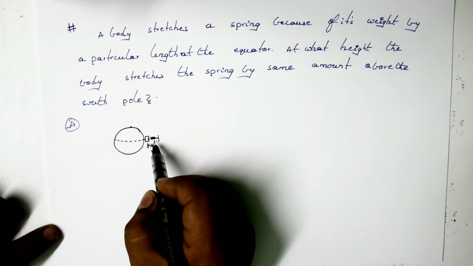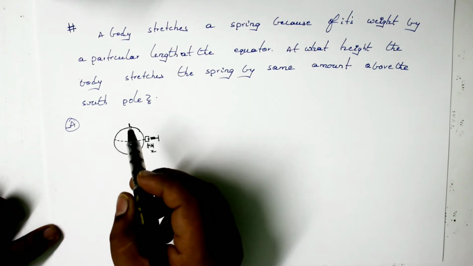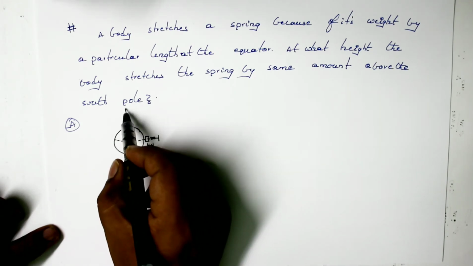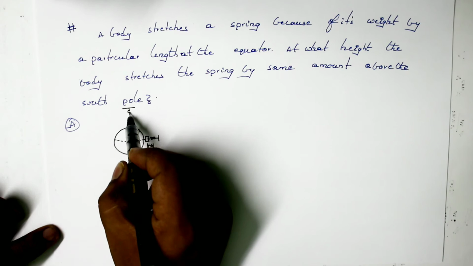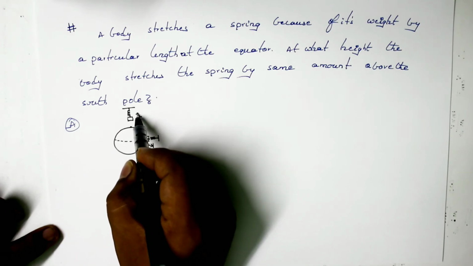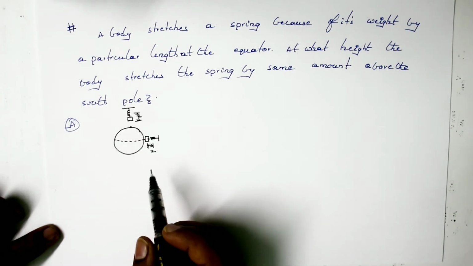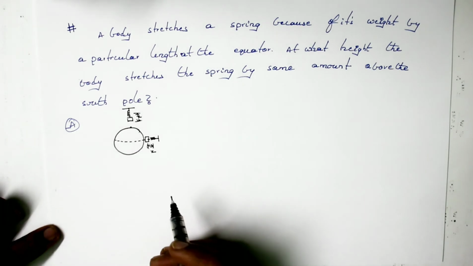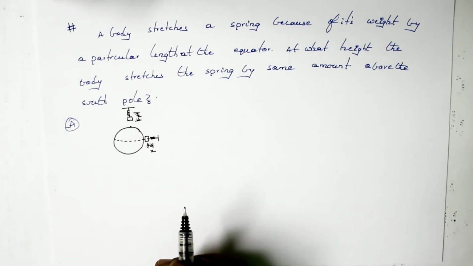If this mass should elongate this spring by the same value at the south pole, so for example, above this south pole the same mass elongates the same spring by the same distance x, then what is the height at which I have to place this spring and body system?